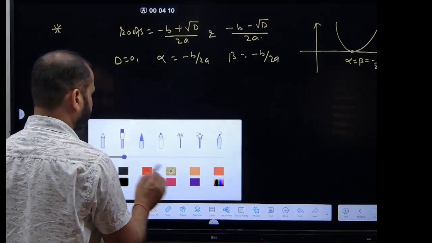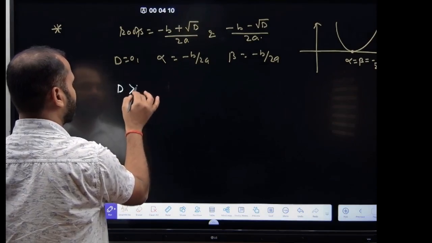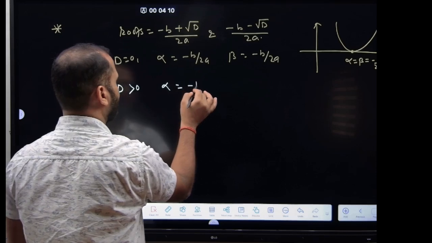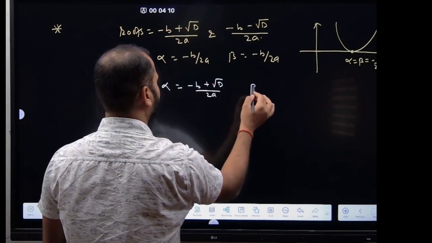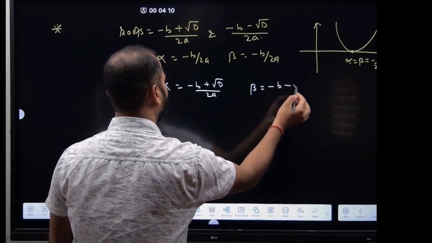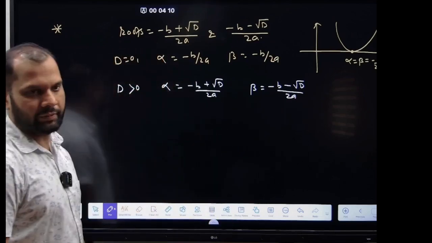Second, I will be writing the case if D is greater than 0, then alpha will be minus b plus root D divided by 2a, and beta will be minus b minus root D divided by 2a. Definitely both values are different, right?